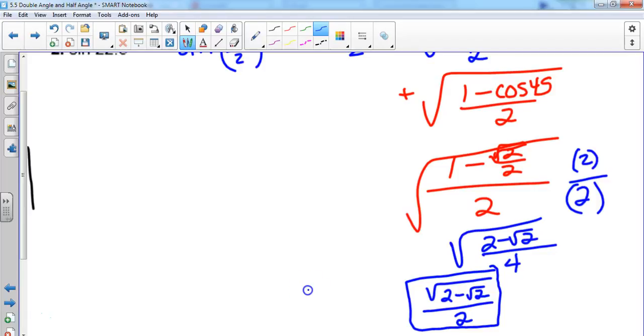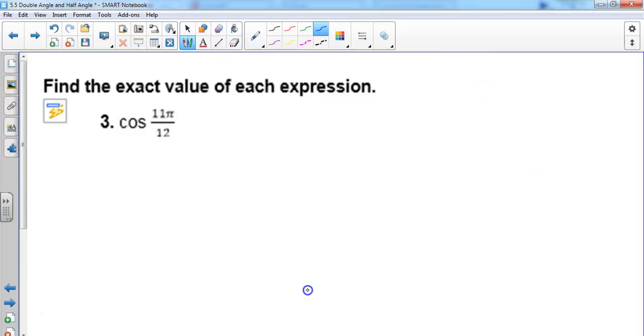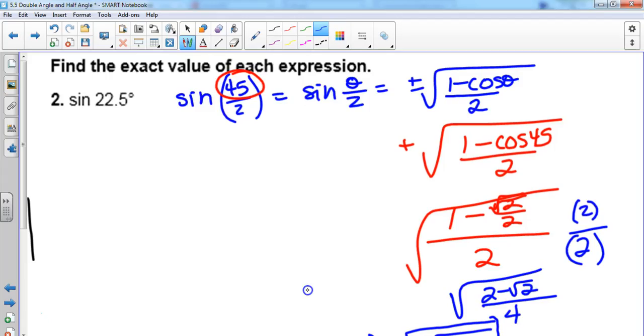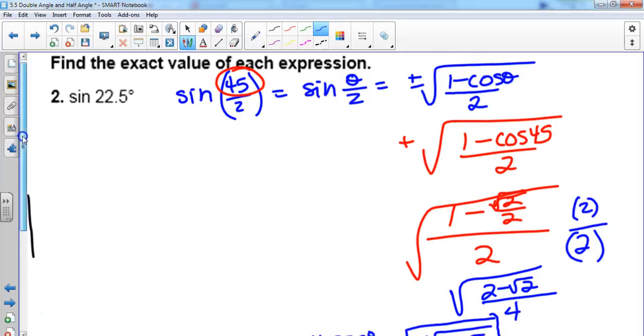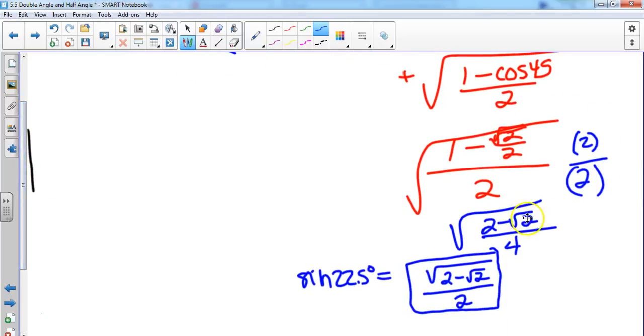This was the sine, was it sine or cosine? Sine of 22.5. So if we put our calculator in degree mode and type sine of 22.5, we'd get exactly the same thing as if we did that crazy business there. All right, we're going to try one more. Yes. Because we multiplied top and bottom by 2.